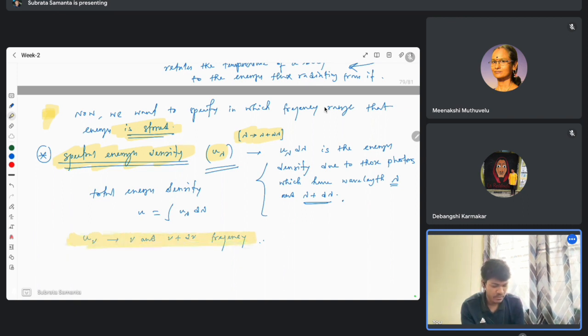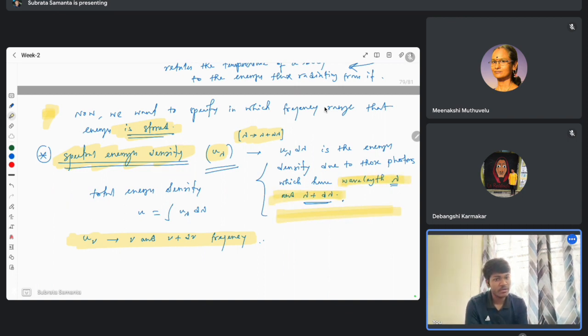Same definition. Here we wrote it in terms of wavelength, but we can also define u nu in terms of frequency.